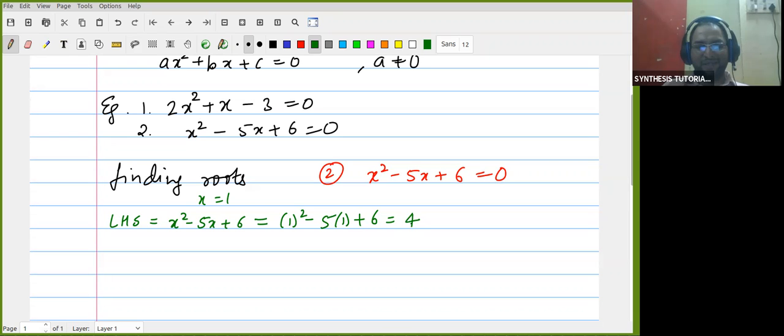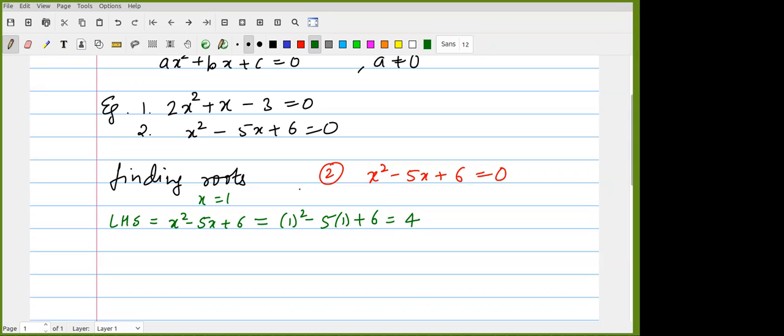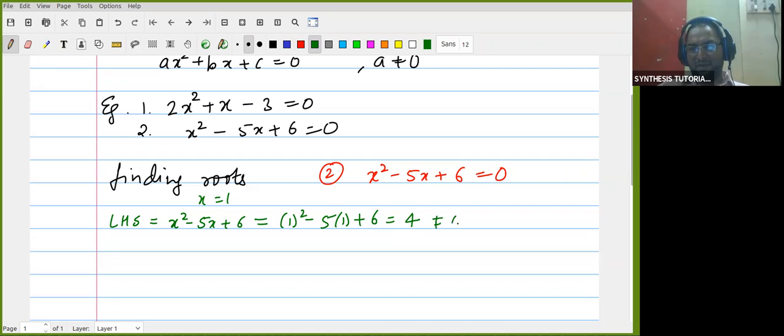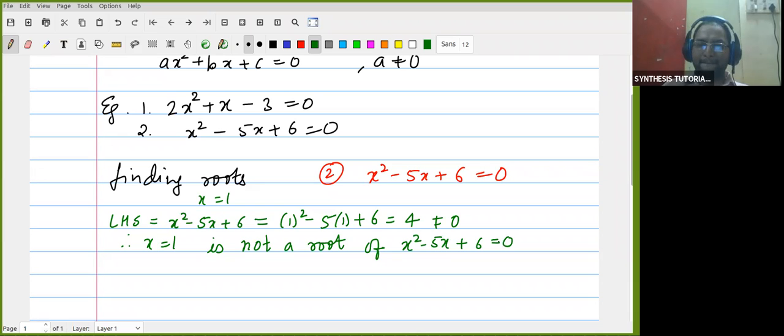No, this is not equal to 0. So therefore, x equal to 1 is not a root of x square minus 5x plus 6 equal to 0.